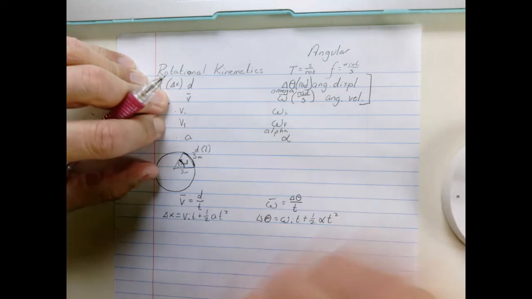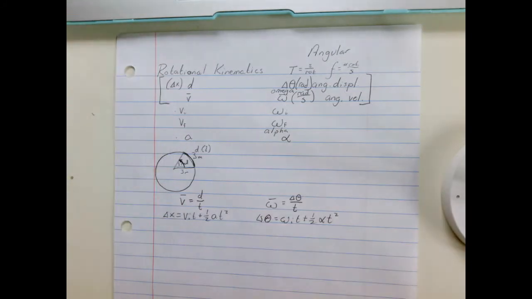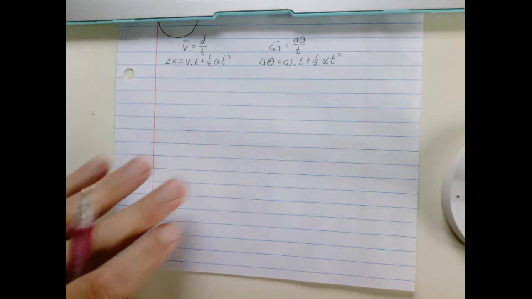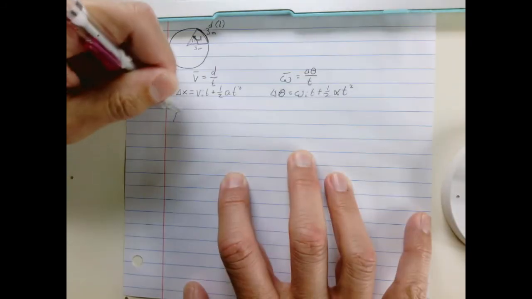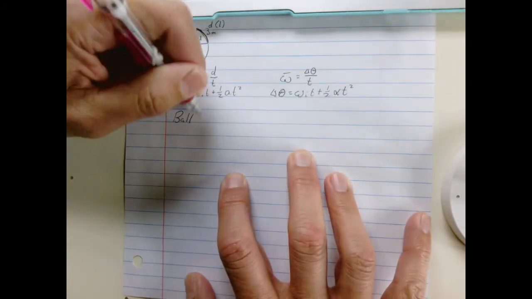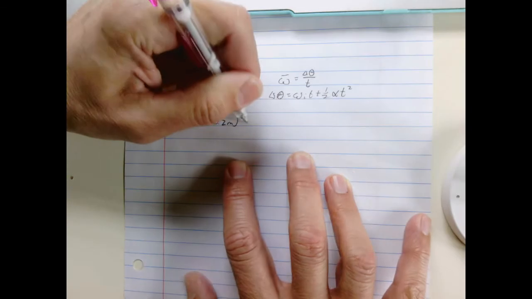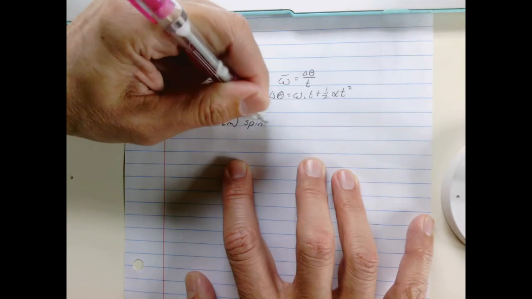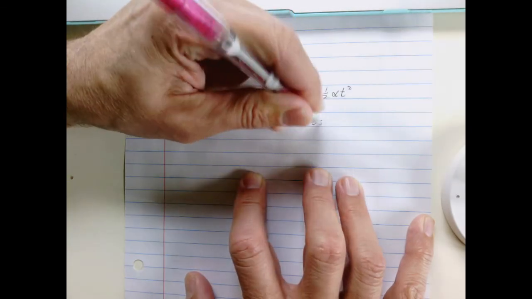Okay? So what I want to do now is take the first problem on page 2 in the packet, and I want to do that for you. It says a ball, radius is 0.2 meters, spins around 5 times in 8 seconds.